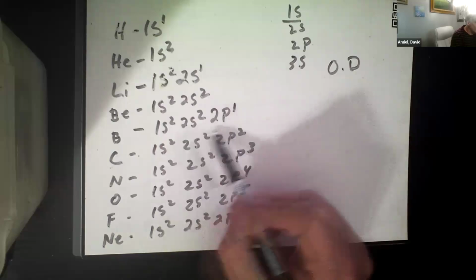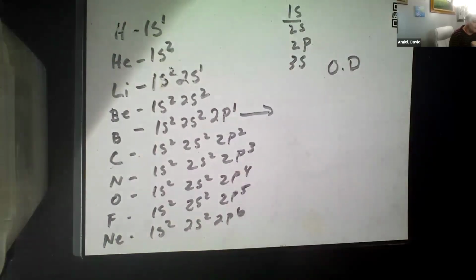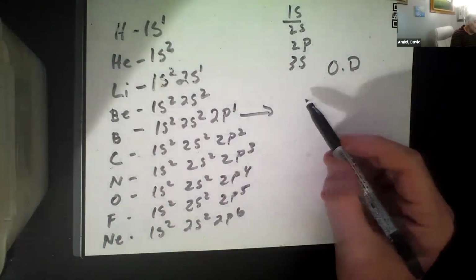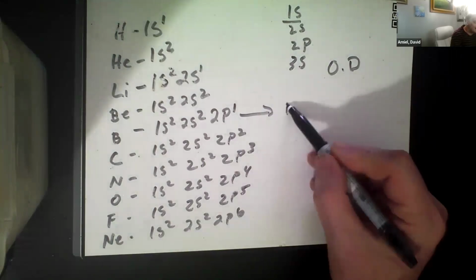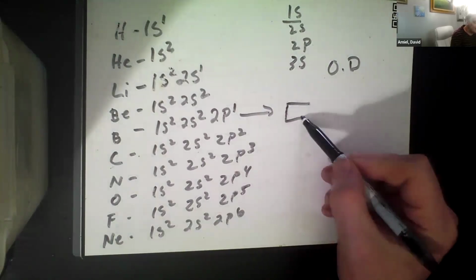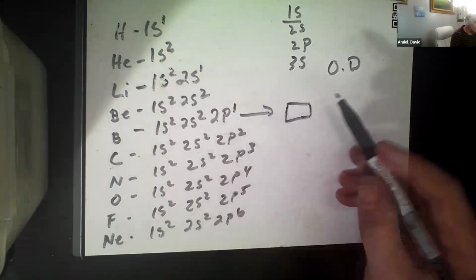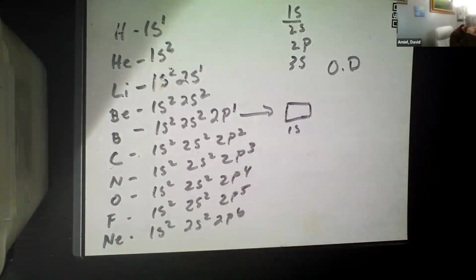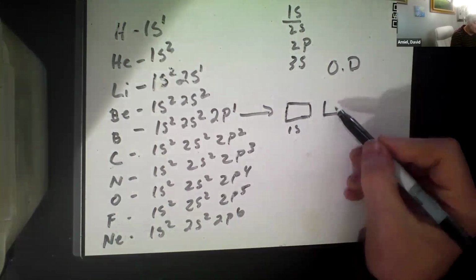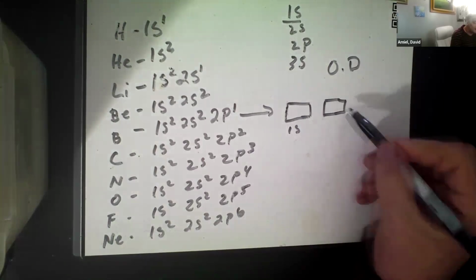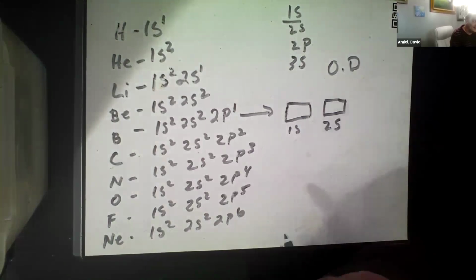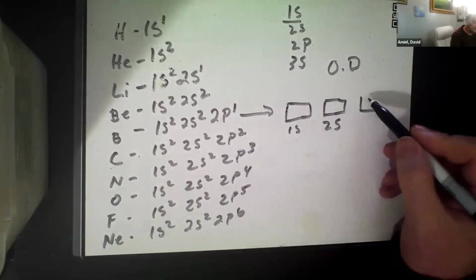Let's do boron. So we're going to draw boxes for each orbital. This would be the 1s. The next box would be the 2s. And the next box would be the 2p.